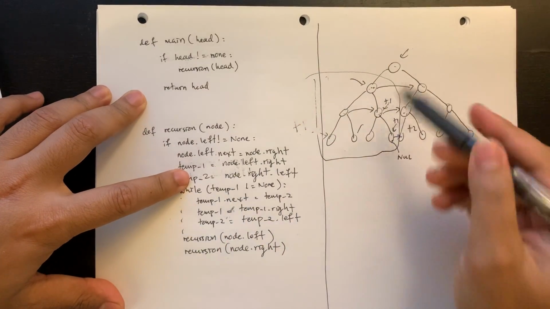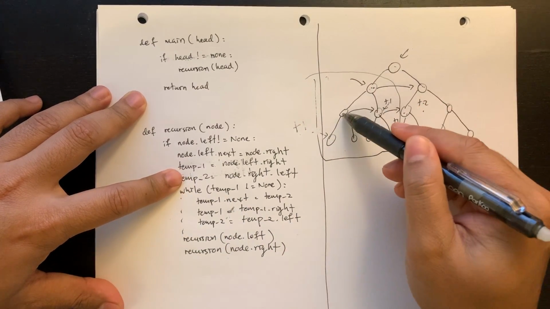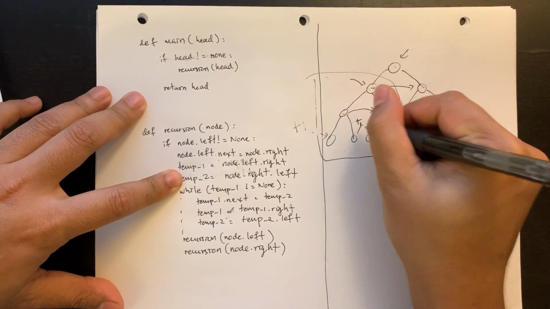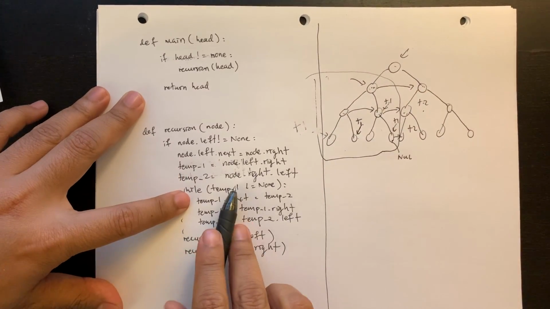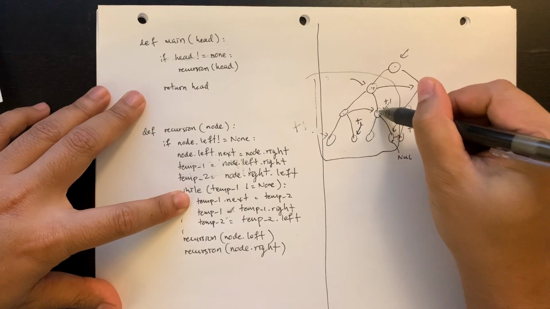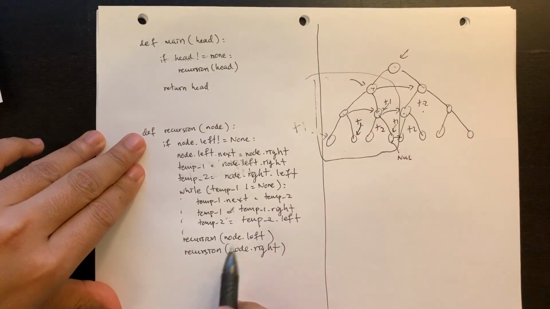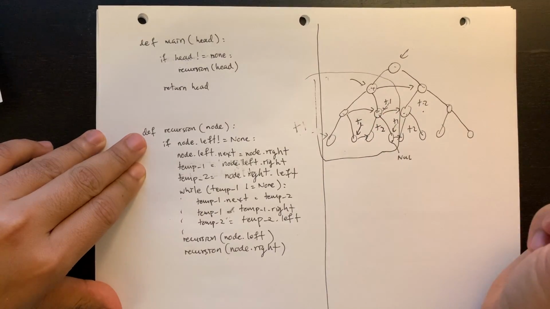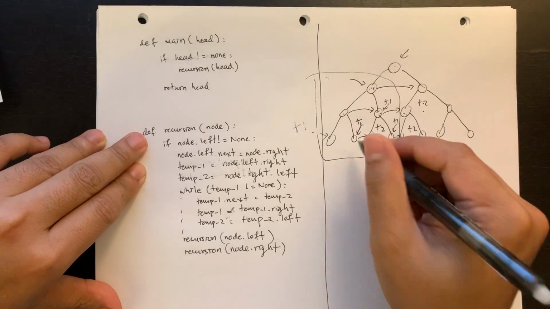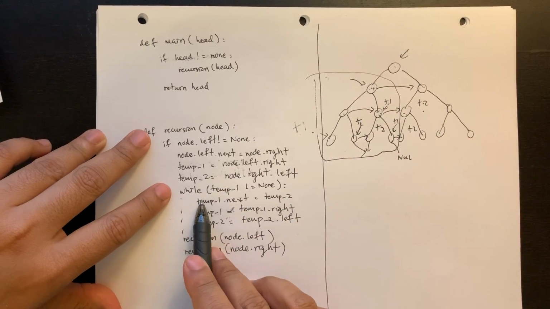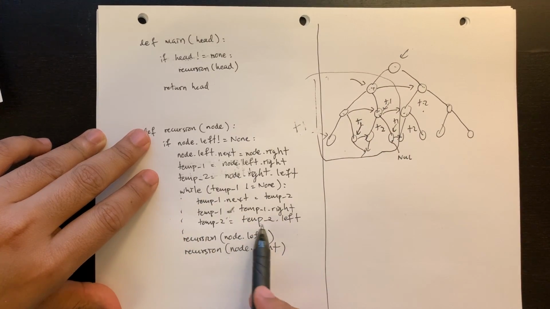So temp1 is node.left.right, so temp1 is right here, and temp2 is node.right.left, so temp2 is right here. Since temp1 is not null, it's going to connect to temp2 right here, and then it updates to the next temp1, temp2, which is null, so let's break this loop, and it calls node.left and node.right.